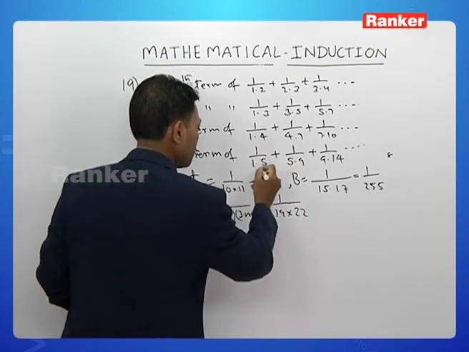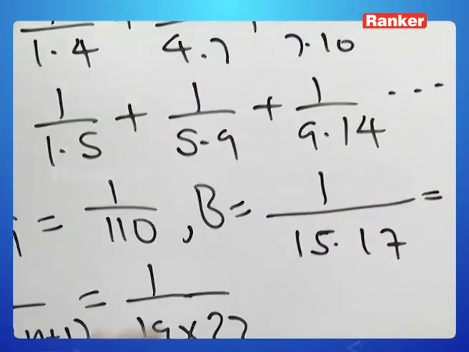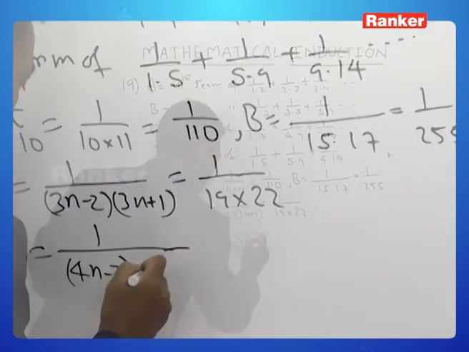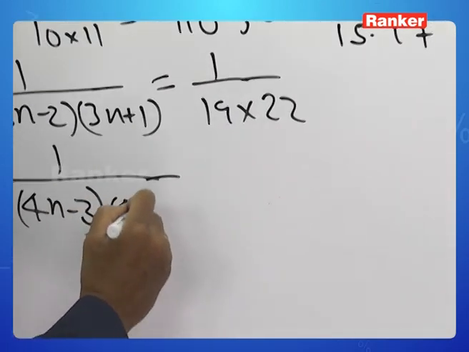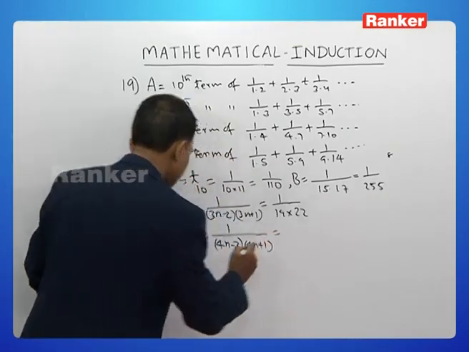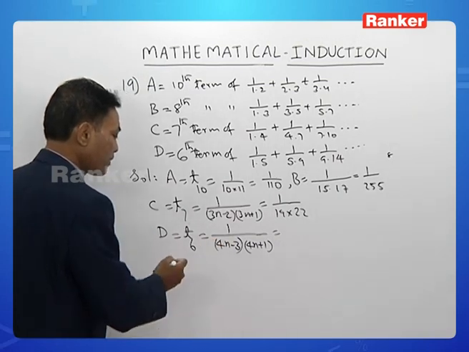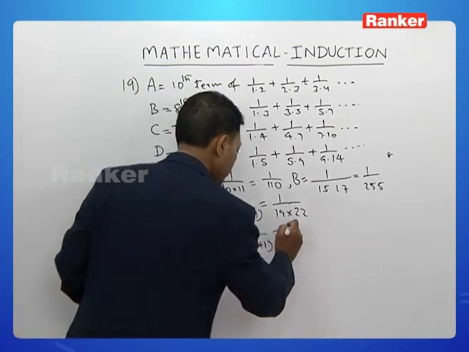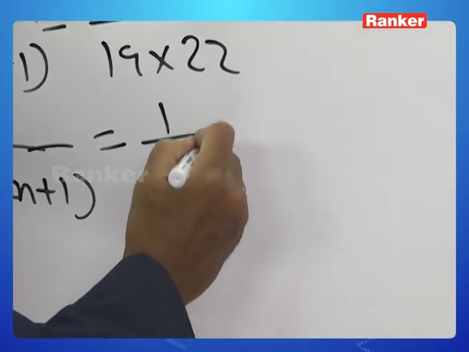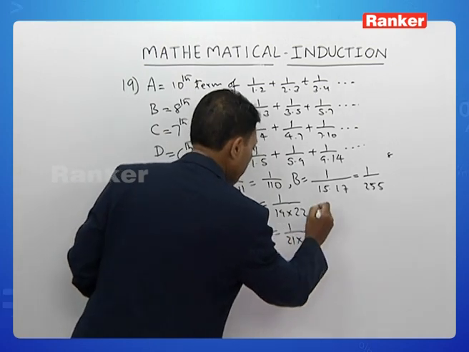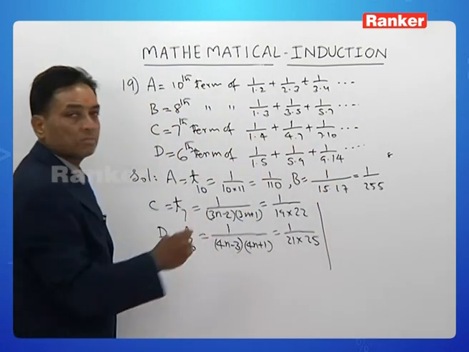Now the difference here is 4, here 4, here 5. So we get 4n plus 1. Now put n is equal to 6. 4 into 6, 24 minus 3, 21 into 25. So we have to write the increasing order for this.